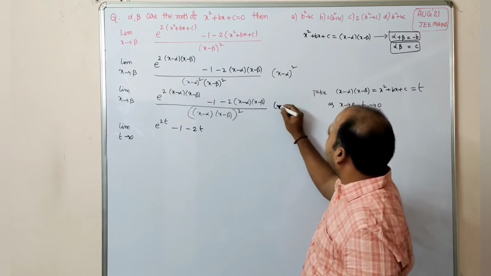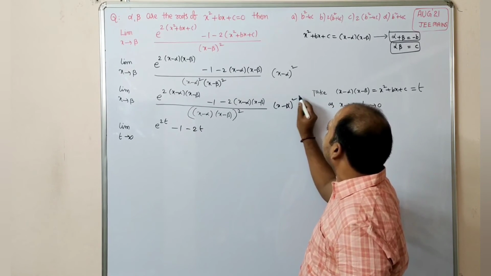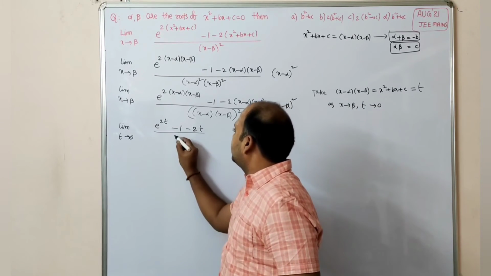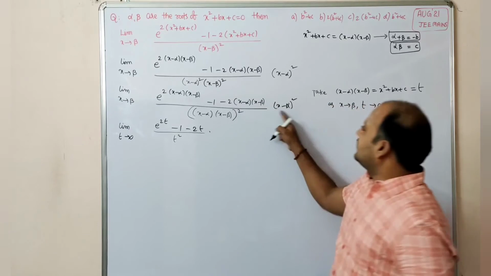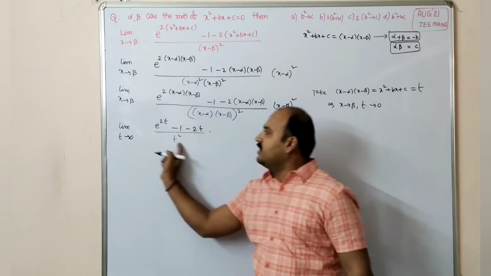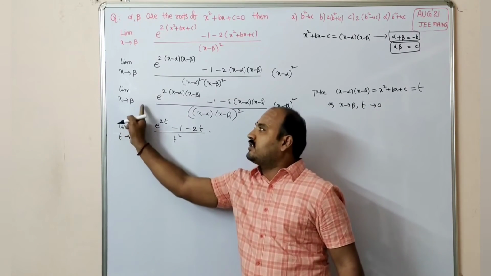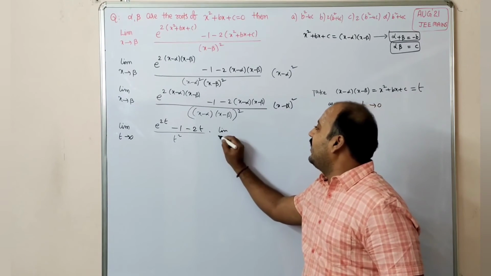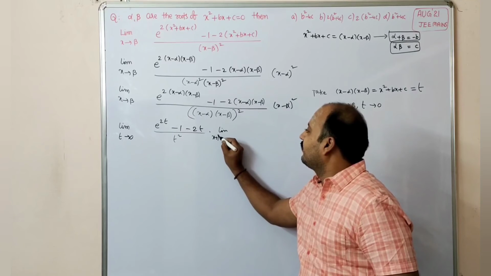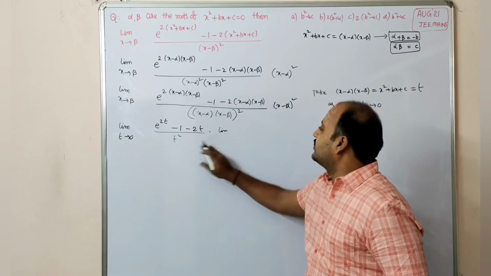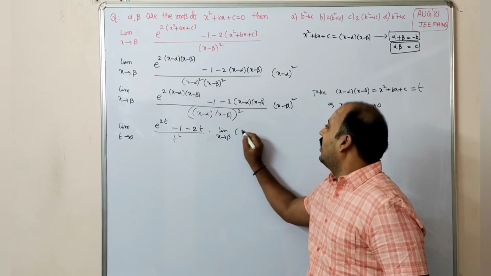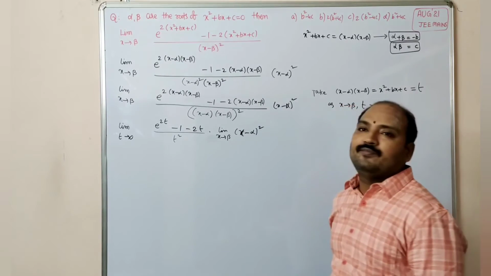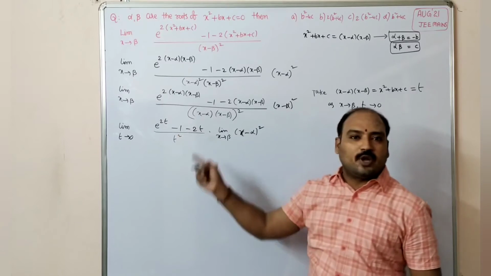Here I forgot to write this value: (x minus alpha) whole square is already there now, by t square into it, this is in terms of x. In terms of t, in place of x tends to beta we wrote t tends to 0. For this limit, x tends to beta only, we can write it. T is equal to 0, substitute, again indeterminate form.